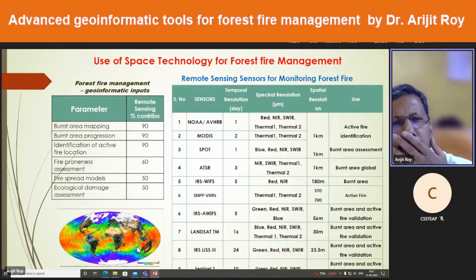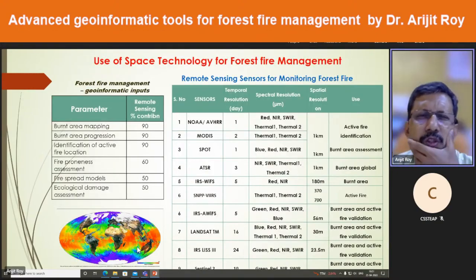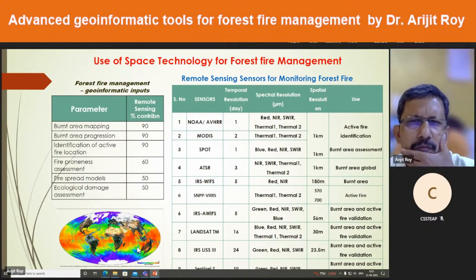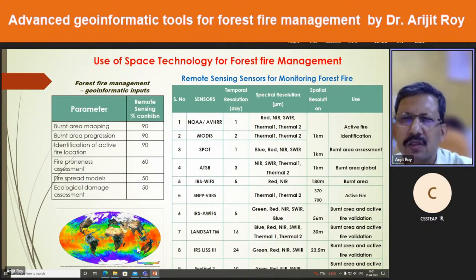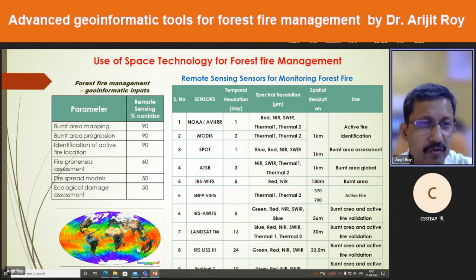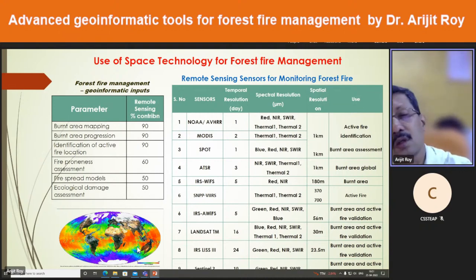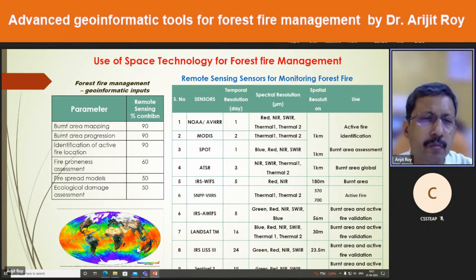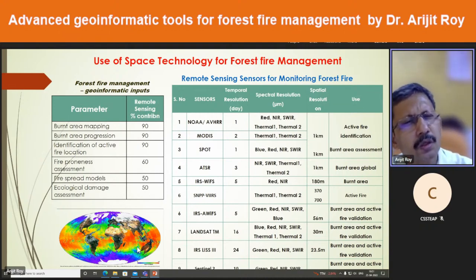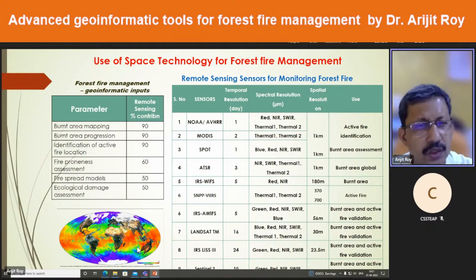So when we talk about the use of space technology for forest fire management, there are a number of sensors for monitoring the forest fire. But when we talk about the geoinformatic input, there are a few parameters where the contribution of remote sensing is huge, like burnt area mapping, burnt area progression, or even identification of active fire location.